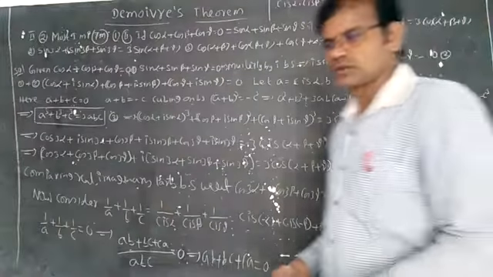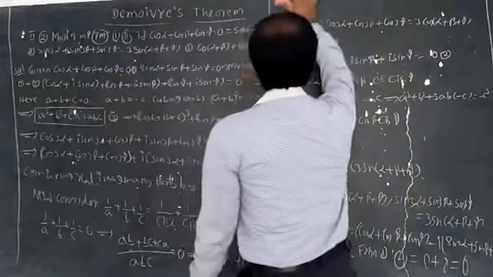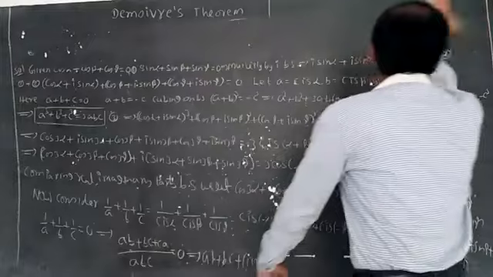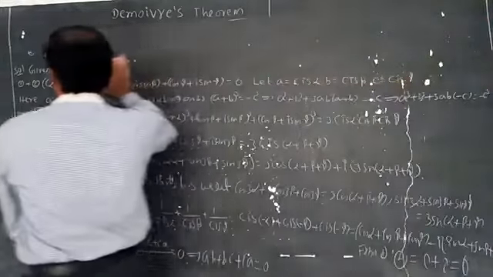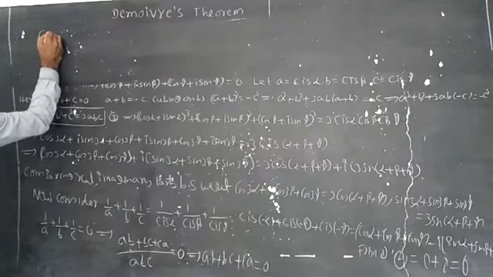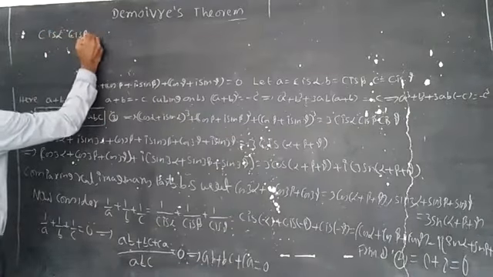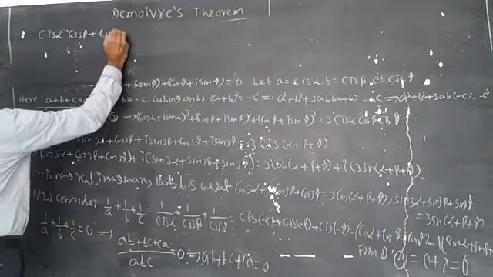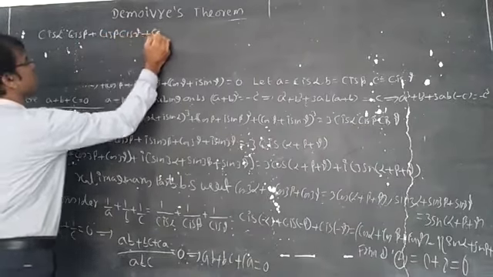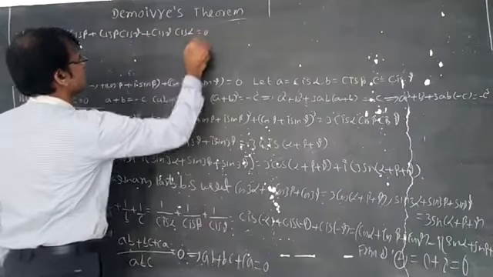Cis gamma into cis alpha. Here I am writing: cis alpha dot cis beta plus cis beta dot cis gamma plus cis gamma dot cis alpha equal to 0.